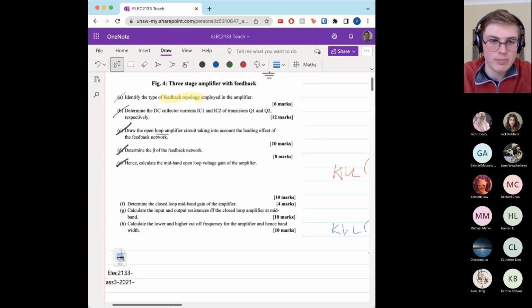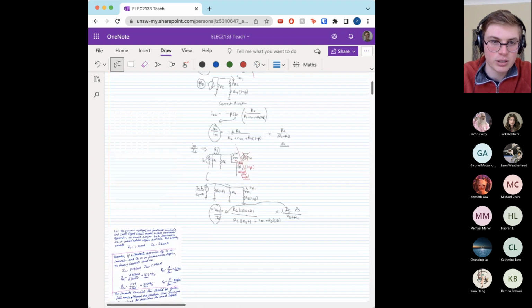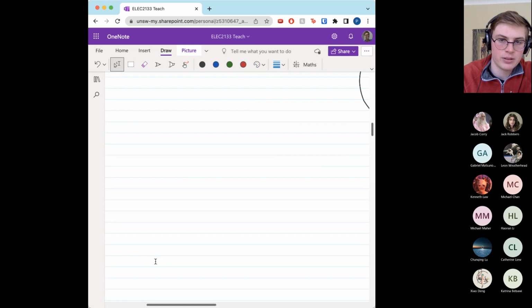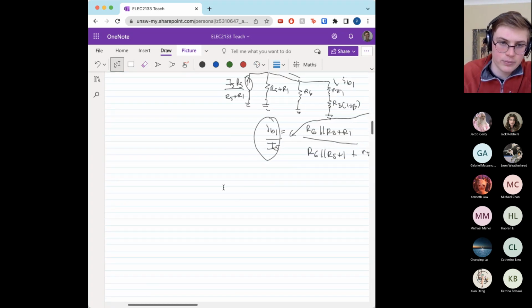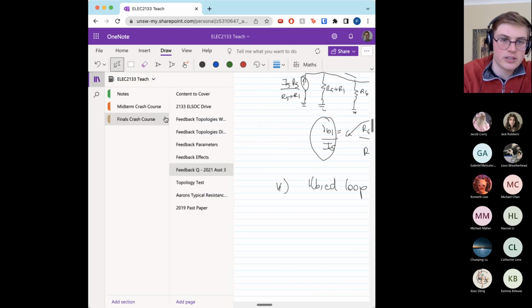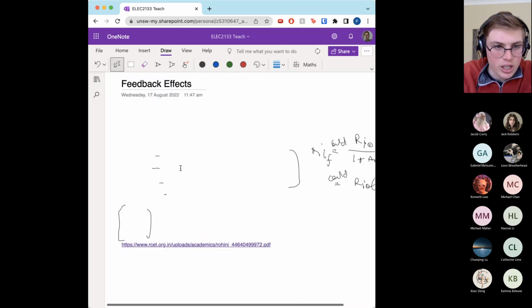And then closed loop mid-band gain. How do we go from open to closed loop? This is mercifully simple. So I can't even remember what question this is, so I'm going to come back to this table. So we're in shunt.